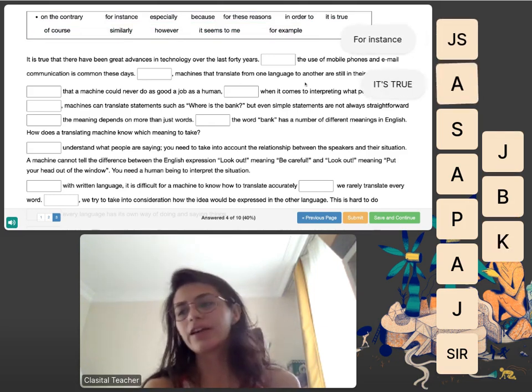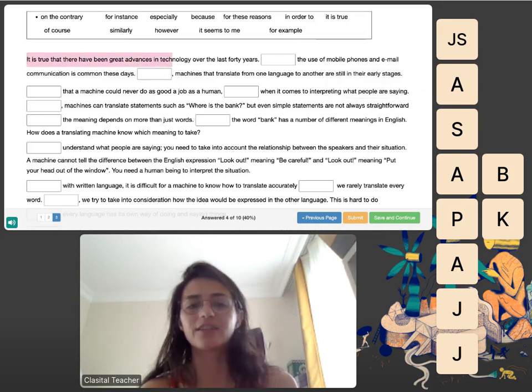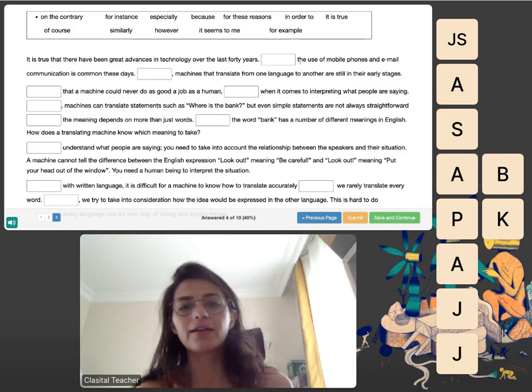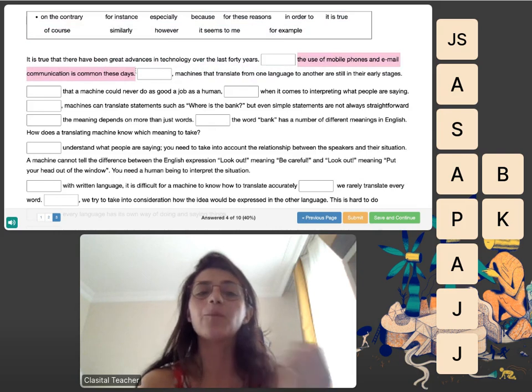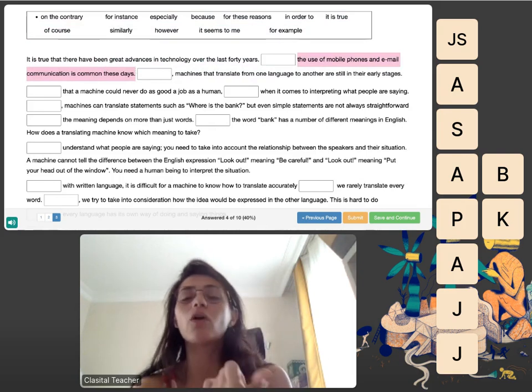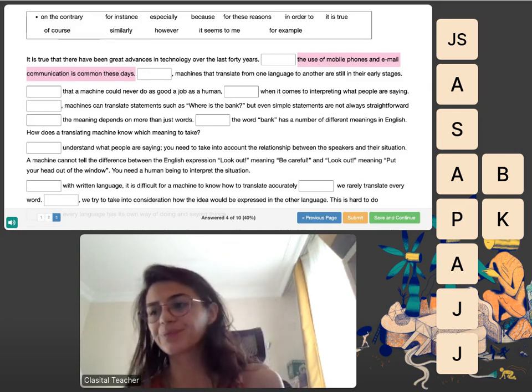So basically, it's true that there have been great advances in technology, so technology has advanced. And we say the use of mobile phones and email communication as examples of those advances, right? So we can say, for example, or for instance, because they both mean the same thing.